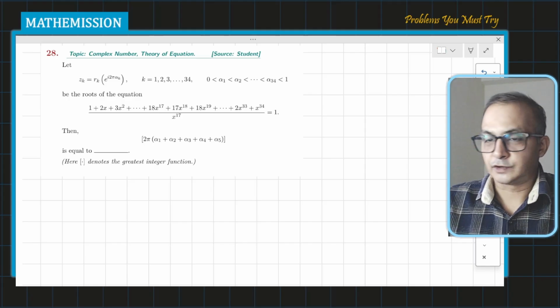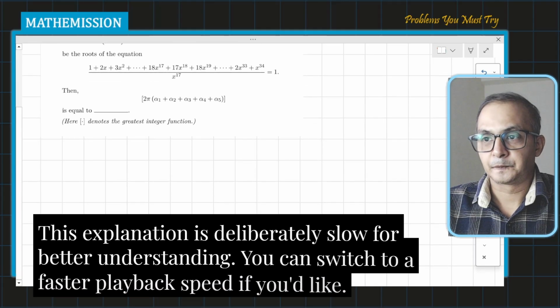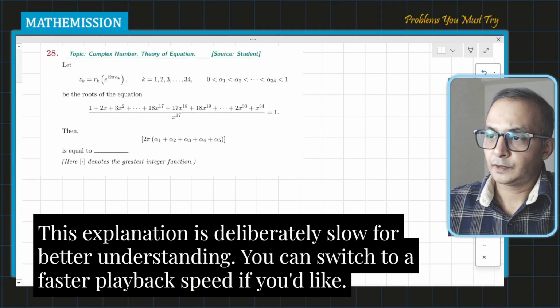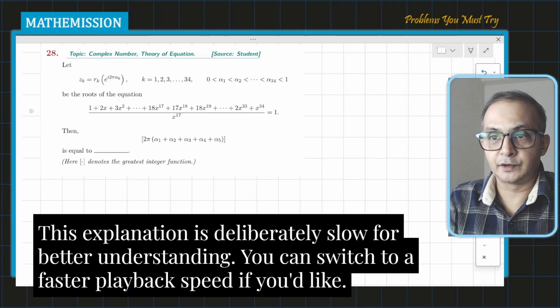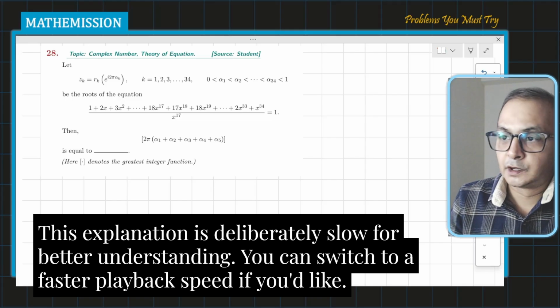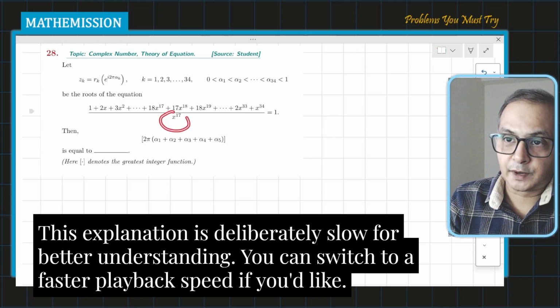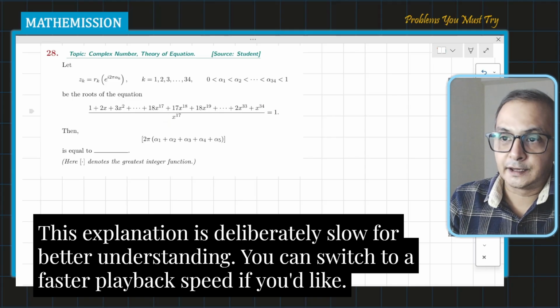First of all, try to identify that this equation, whatever we have been given, can be rewritten like this. You can notice if I divide each numerator term by x to the power 17, I can group some terms.